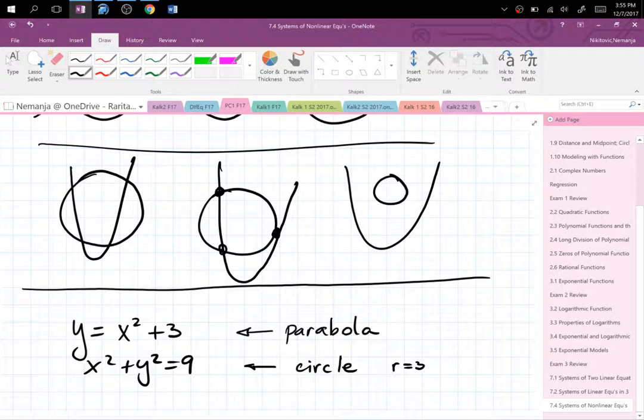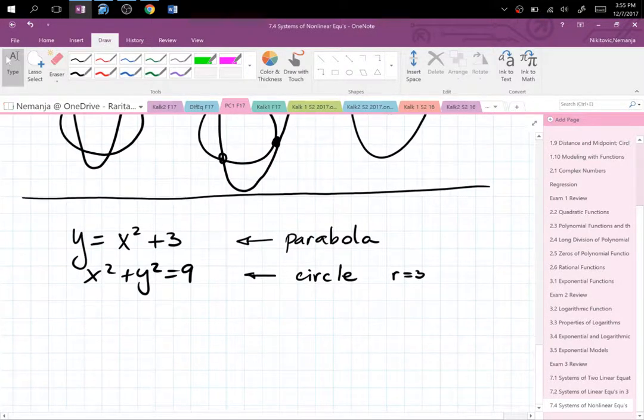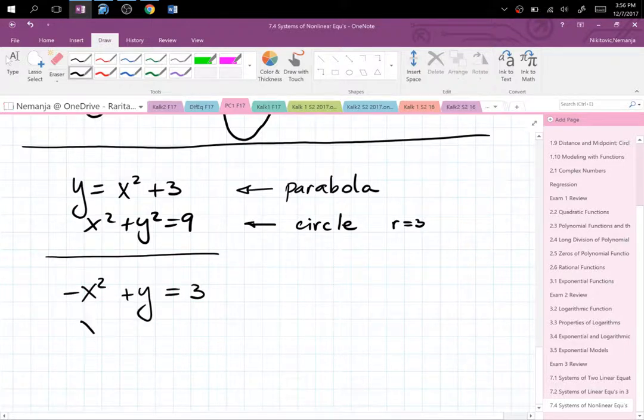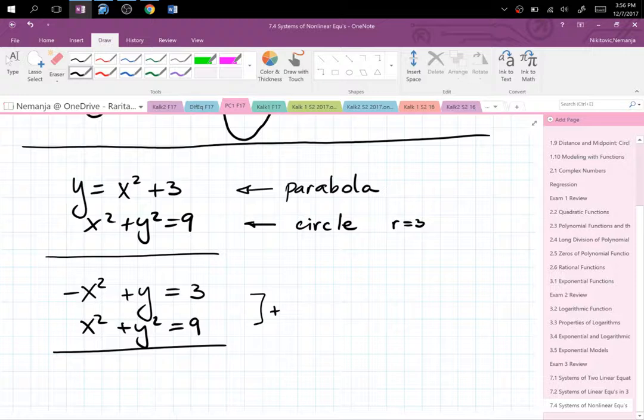And it all depends on which way these things are going to work out when you solve these equations. Now the way we solve is the substitution method or elimination method, whatever you like. You can move x squared to the left, it becomes negative x squared plus y equals 3, and x squared plus y squared equals 9. You add the equations, it's a simple elimination method, addition method.